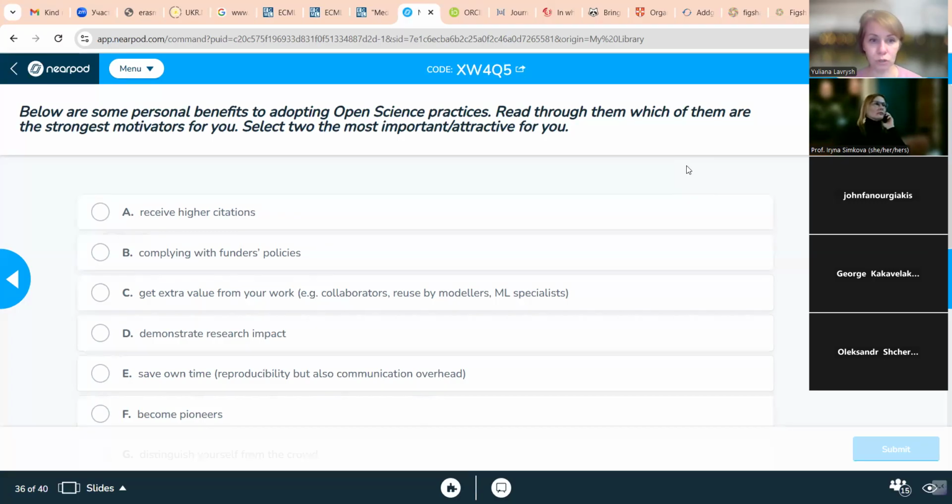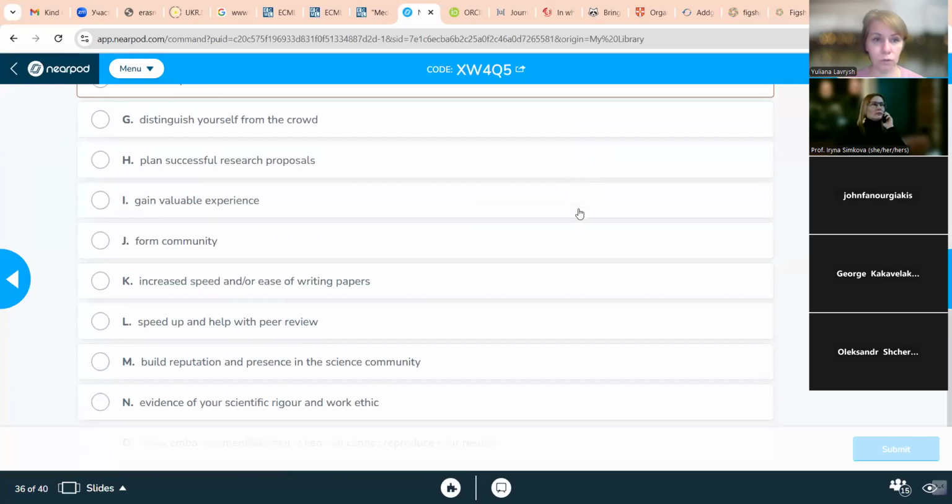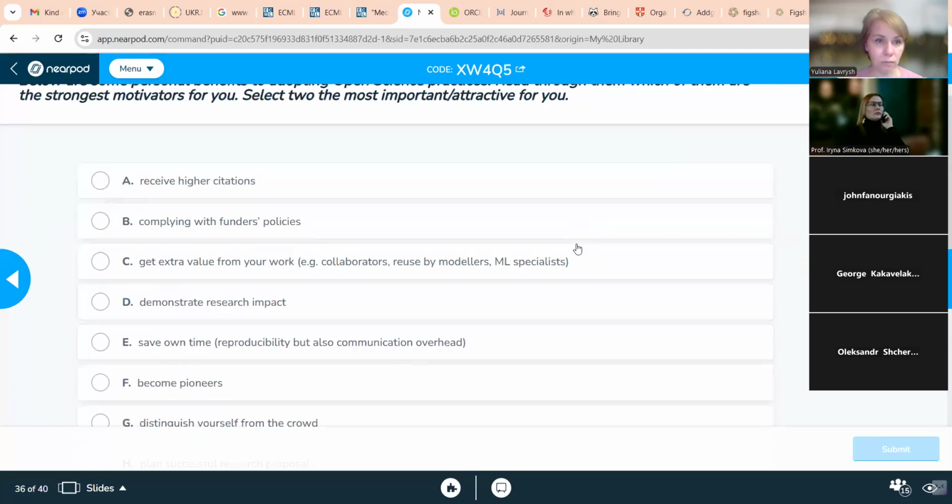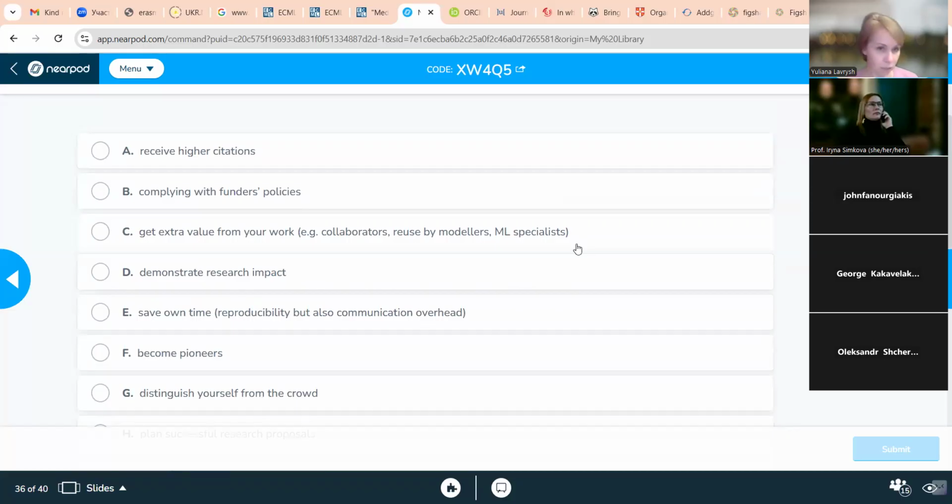Okay, so you just look through these motivators and choose. For those who haven't joined Nearpod, you can just write in chat. Have I persuaded you to apply open science, to use these principles, and why?